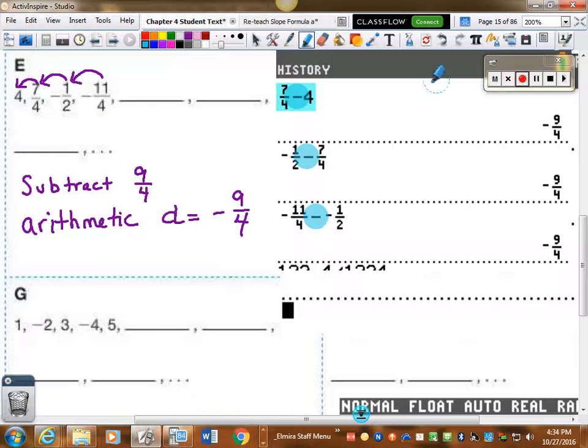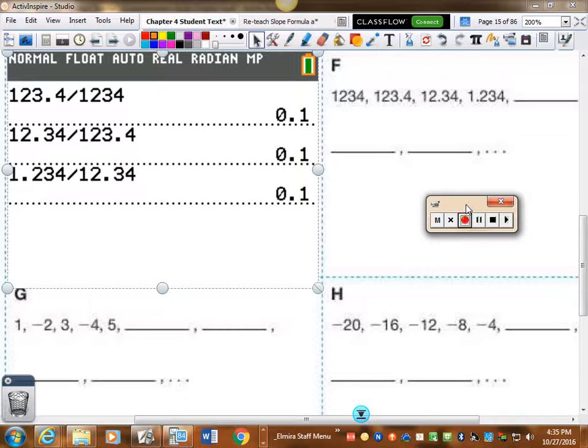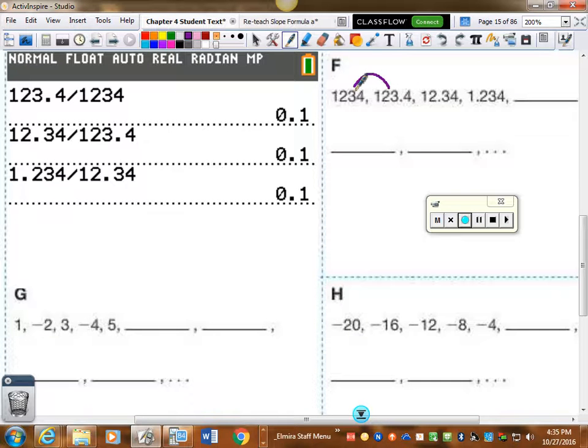Same thing over with F. Clearly these are not going to subtract to the same number every time. If I worked backwards through subtraction, I would not get the same number. So subtraction didn't work, so I tried division, and I worked backwards through them. I did 123.4 divided by 1,234, and I got 0.1. Then I divided 12.34 divided by 123.4, and I got 0.1 again.